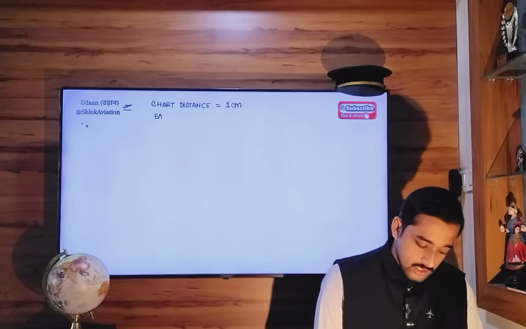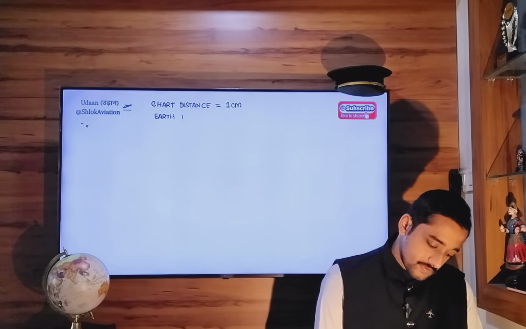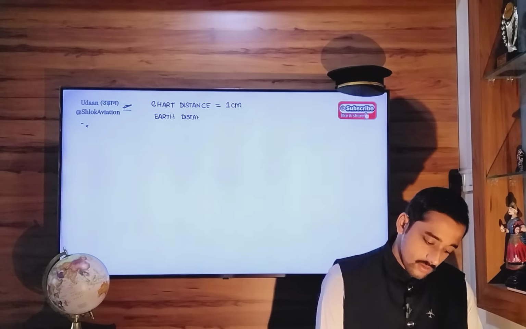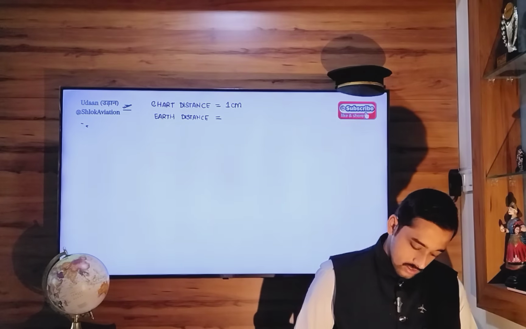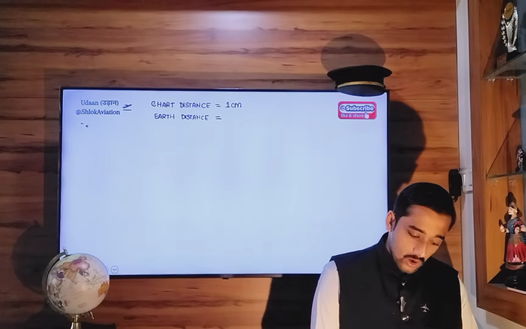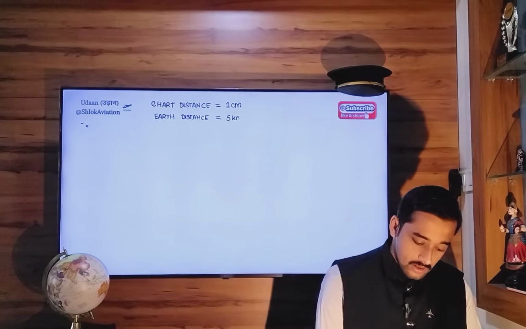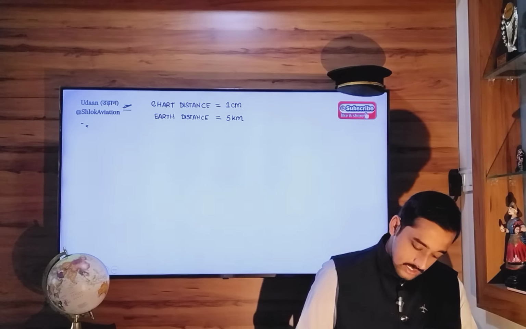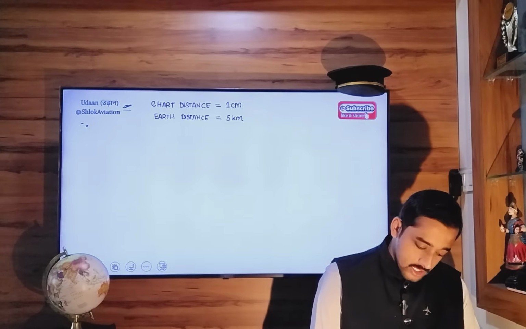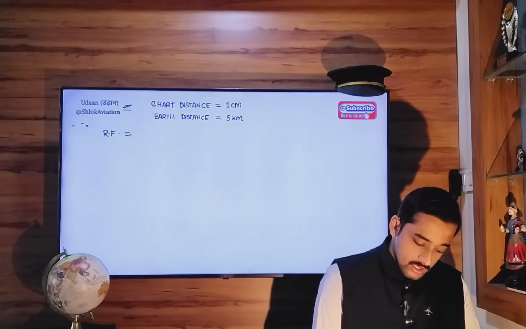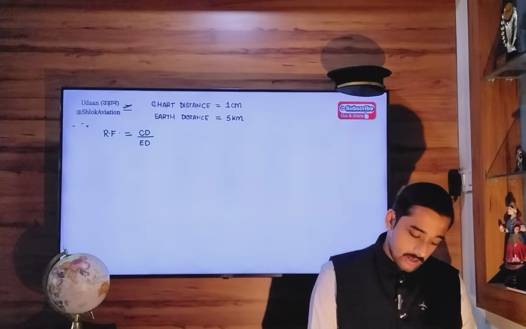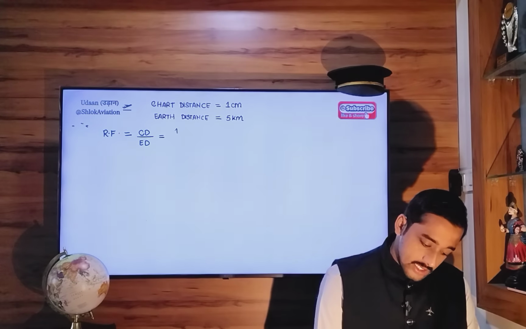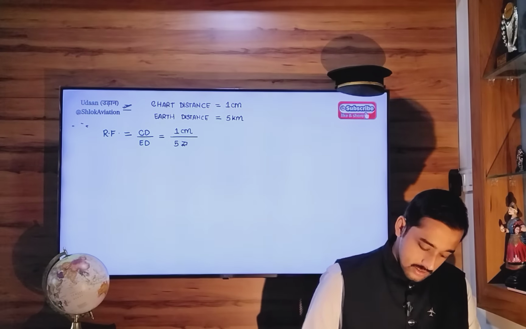Earth distance is equal to 5 kilometers. Now the formula is representative fraction equals chart distance upon earth distance. Chart distance is 1 centimeter, earth distance is 5 kilometer.